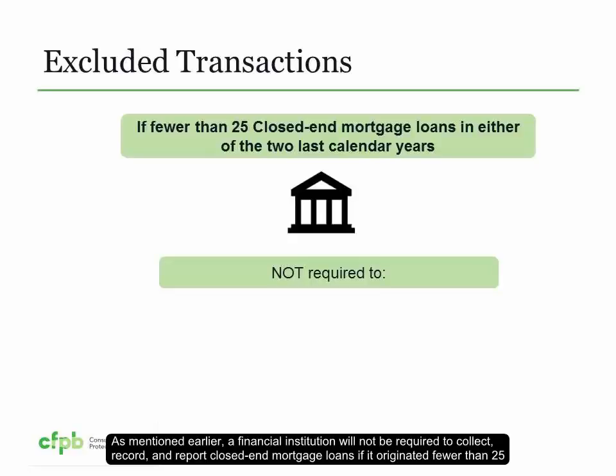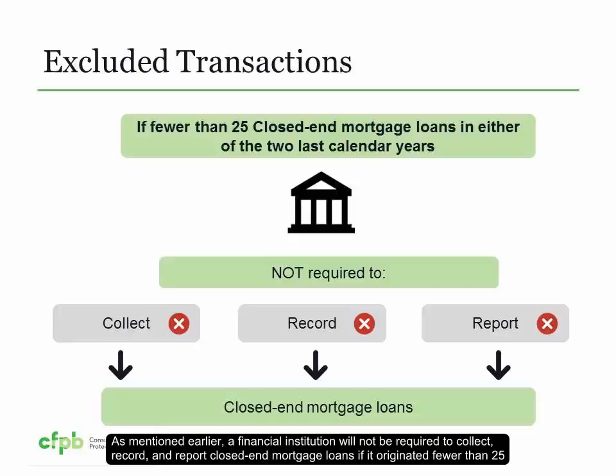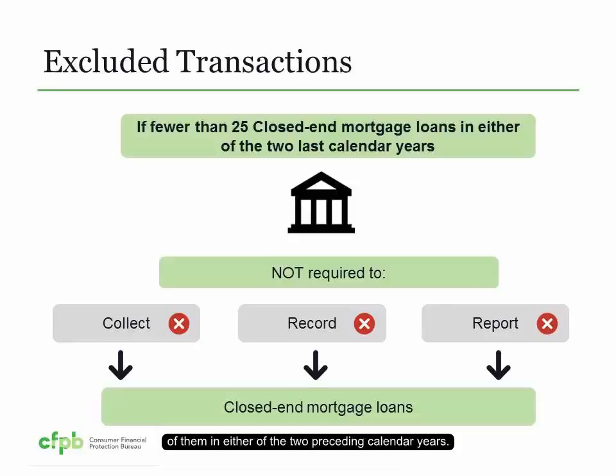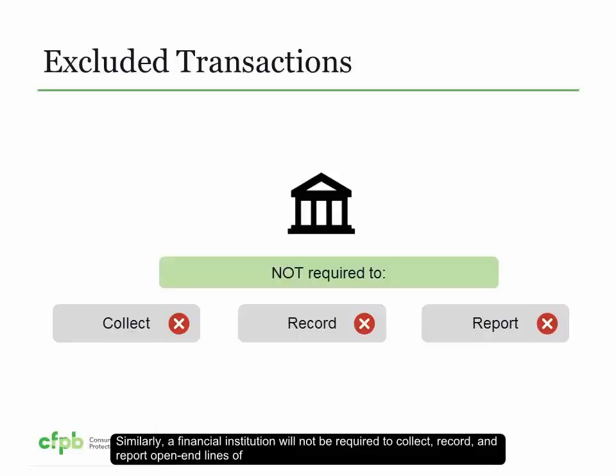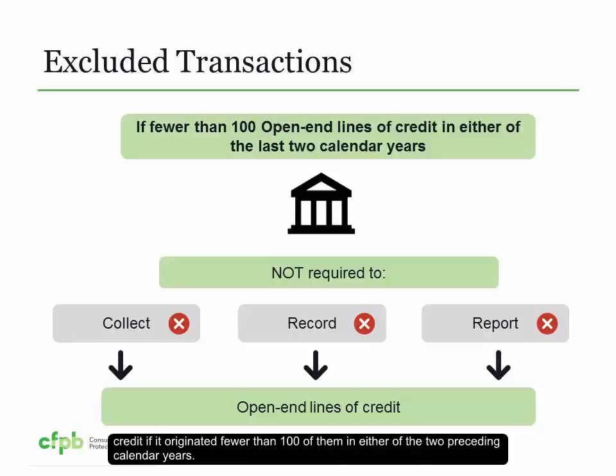As mentioned earlier, a financial institution will not be required to collect, record, and report closed-end mortgage loans if it originated fewer than 25 of them in either of the 2 preceding calendar years. Similarly, a financial institution will not be required to collect, record, and report open-end lines of credit if it originated fewer than 100 of them in either of the 2 preceding calendar years.